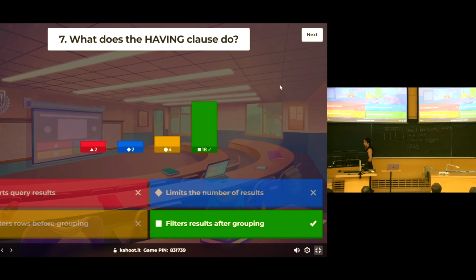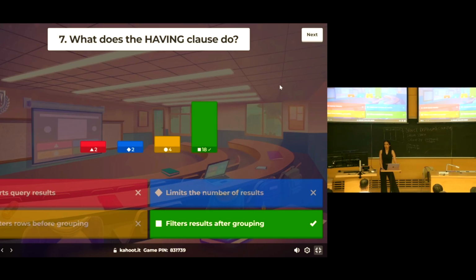For example, we had an example when we grouped by the departments, and then we said we wanted the salary of employees in each department, but only those departments that have more than a specific number of employees, right?